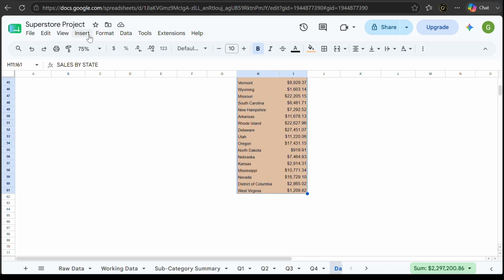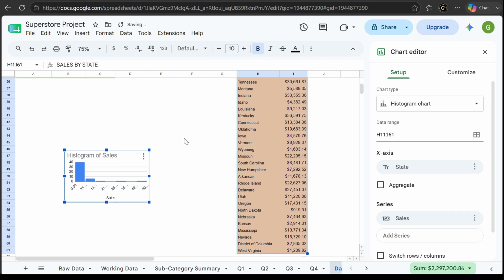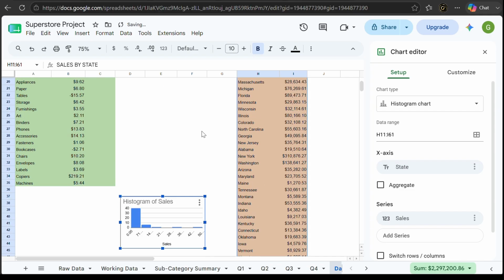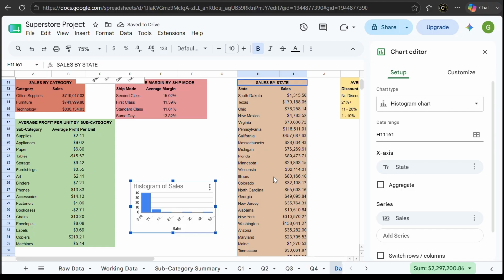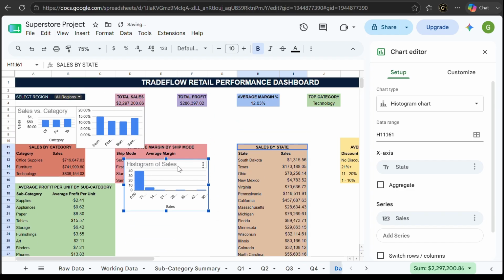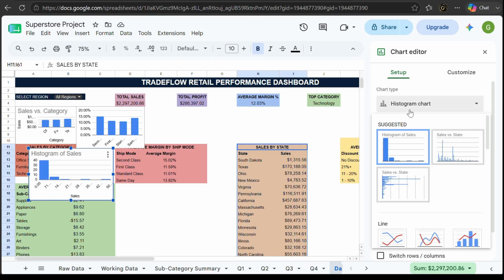I'm going to try to insert another chart now. This particular one is going to cut across a very large area, and it is supposed to spread across. I don't want to use histogram. I would still like to use a bar chart here. Yeah, this is more like it.